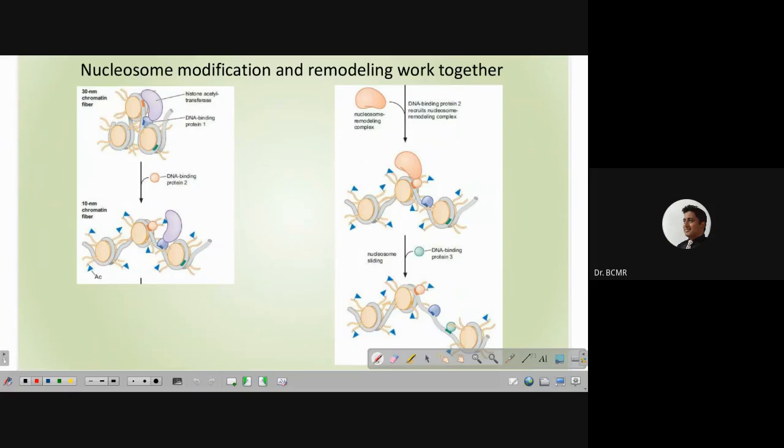So how does remodeling occur? Here is a 30 nanometer fiber, and there is a histone acetyl transferase, and there is a DNA binding protein here.